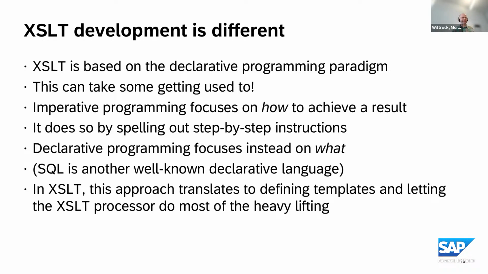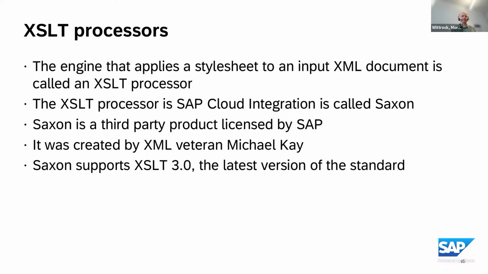And in XSLT, this translates to defining those templates you saw, and then letting the processor do all of the heavy lifting. The processor is the engine that applies the style sheet to some XML input and creates some output.